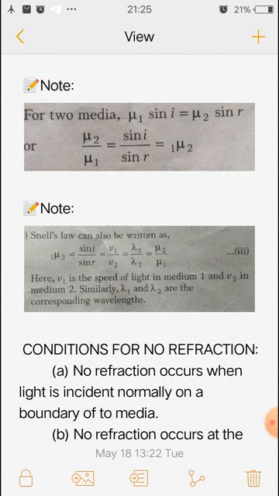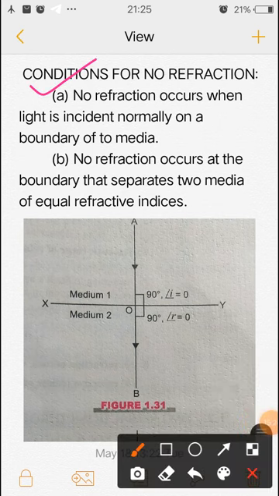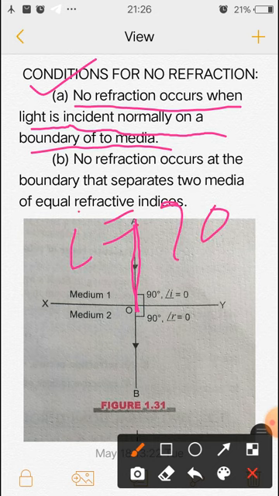The next topic is the condition for no refraction. There are two conditions. No refraction occurs when the incident ray falls on the boundary of the media normally, at an angle of 90 degrees, that is when i is equal to 90 degrees.